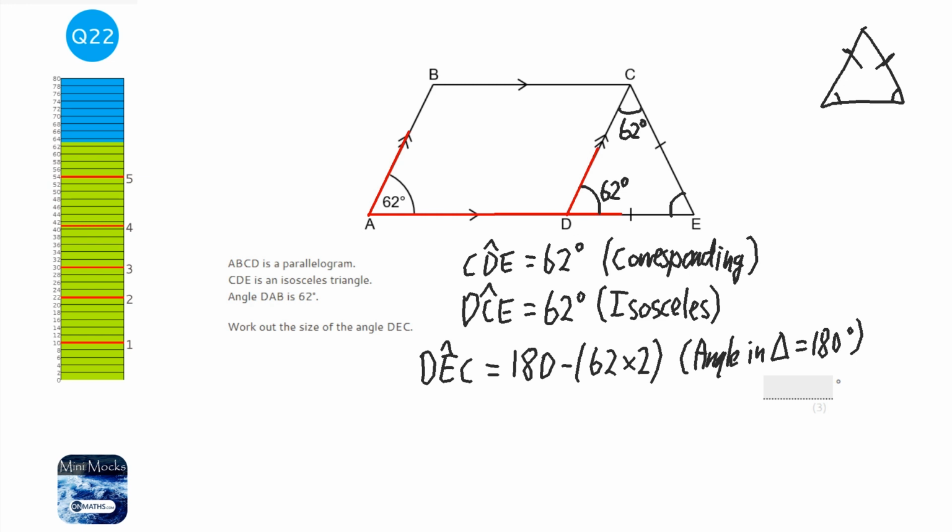So corresponding being one of them and isosceles being the other. And angles in triangle. Don't draw a triangle, just write the word triangle. I'm trying to save time, although having discussed it, I've probably not saved much time. So that's going to be 62 times 2. Well, 60 times 2 is 120, so it'll be 124. And then when you take that away from 180, you're going to get 56. So the angle is going to be 56 degrees.